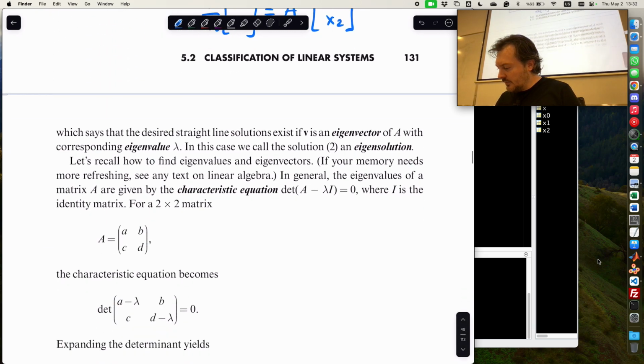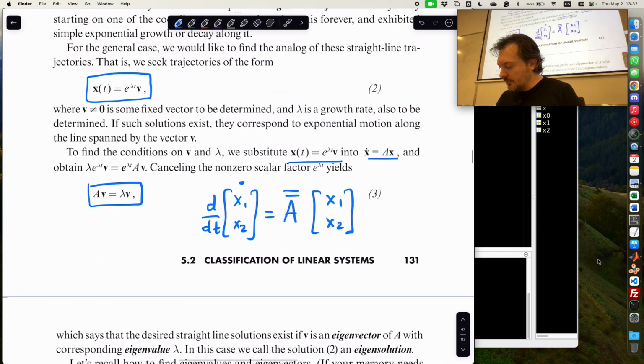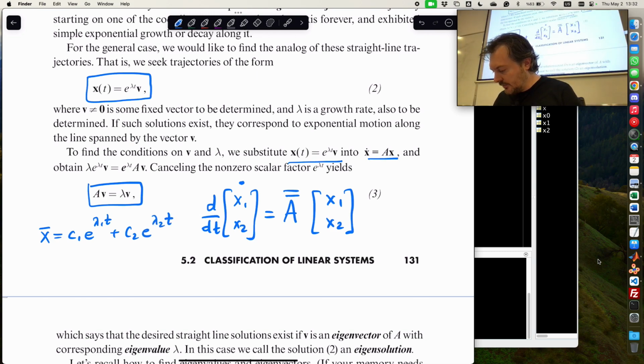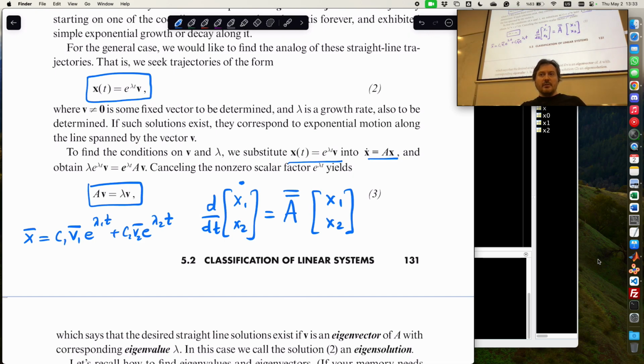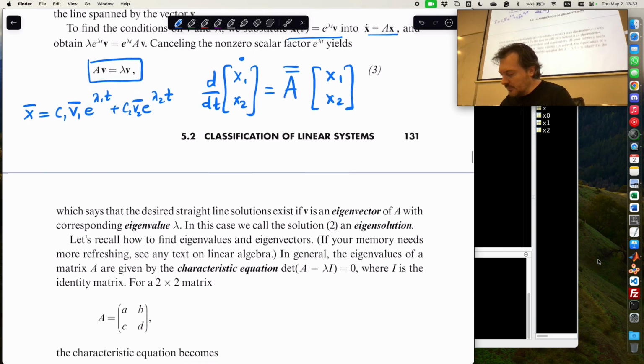And the solution will have a form of C1 e to the lambda 1 t plus C2 e to the lambda 2 t. I forgot x1 and x2. So there will be eigenvectors, C1 v1 vector and C2 v2 vector, multiplied by their eigenvalues e to the power, right? This will be the solution.